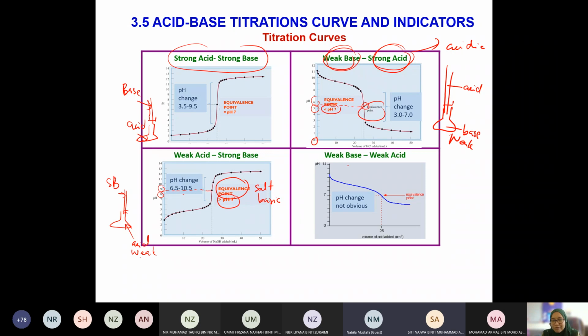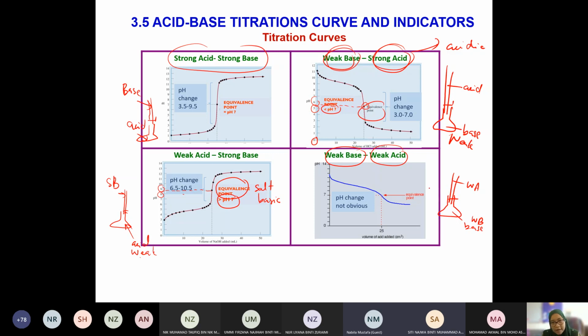Weak base with weak acid is a bit more difficult, but not to worry about this. This will not come out in the exam. Its graph looks like this. Since it starts from the top, we know that the base is in the flask, the weak base, and the acid is placed in the burette.